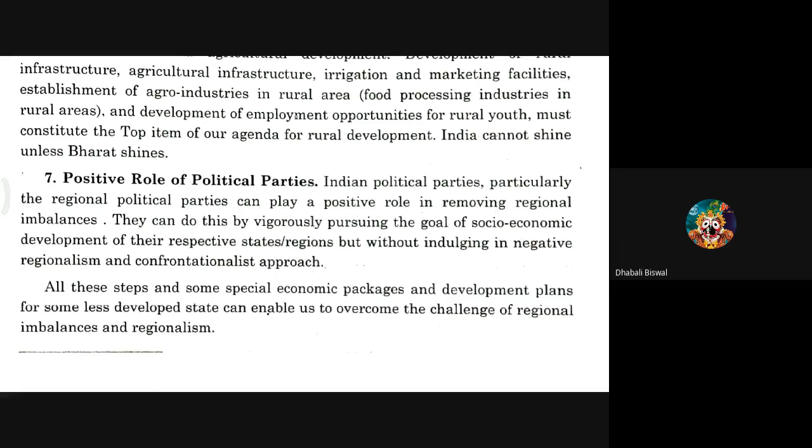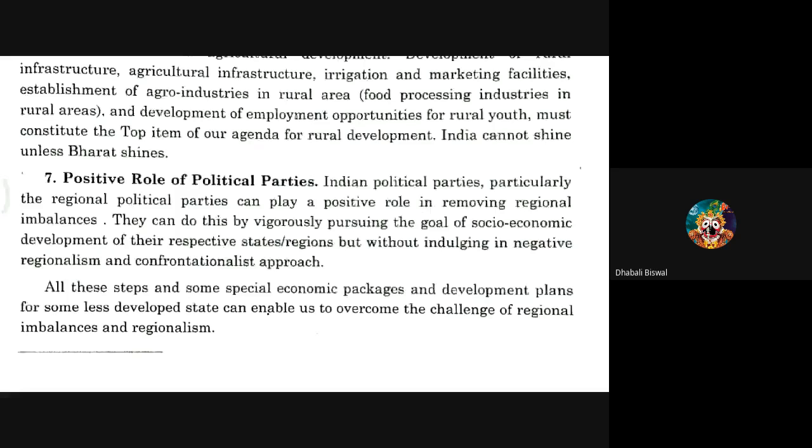Indian political parties, particularly the regional political parties, can play a positive role in reducing regional imbalances. Because due to the multi-party system in India, so many regional political parties exist, each state having a regional political party.